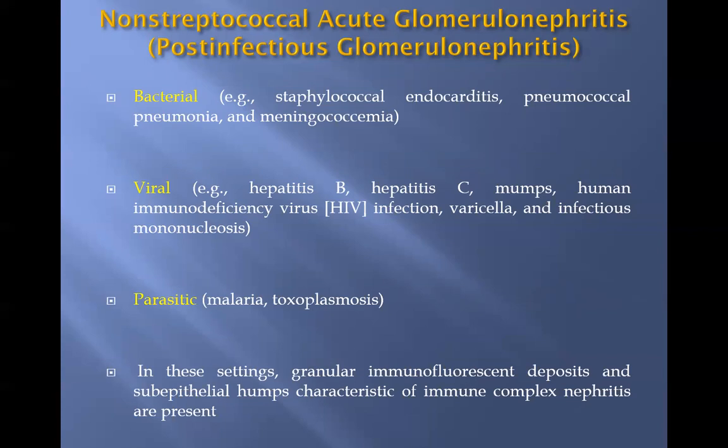In this setting, granular immunofluorescence deposits and subepithelial humps are characteristic of immune complex nephritis, exactly the same as post-streptococcal. We have defined the characteristic post-streptococcal one, but all these entities will show the same features. The only thing is you will see hepatitis B surface antigen in those patients, or hepatitis C antigen.